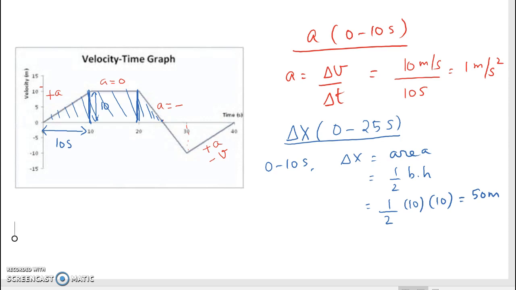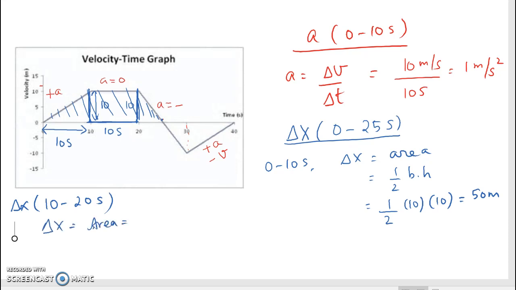Now let's try 10 to 20 seconds. This area is a rectangle. The length of this rectangle is 10 seconds. The width of the rectangle is still 10. So therefore we can write delta x is equal to the area, which is length times width. So it is 10 times 10, which is 100 meters.